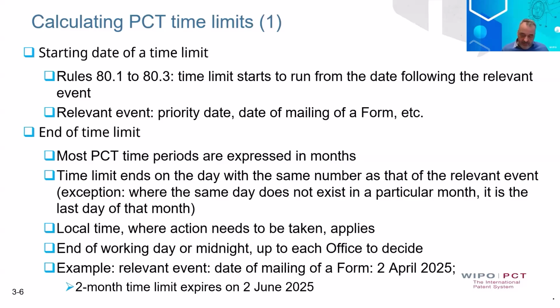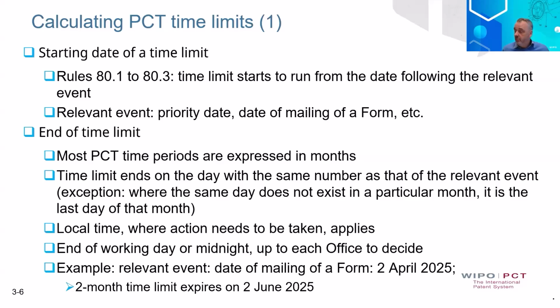So a time limit that starts to run for 1 month from, let's say, tomorrow, 30th of January, would expire on, I hope, 28th of February, and there's not a 29th of February this year, which I haven't double checked. But anyway, I hope you get the point. Be also clear that local time limits apply where the action needs to be taken.